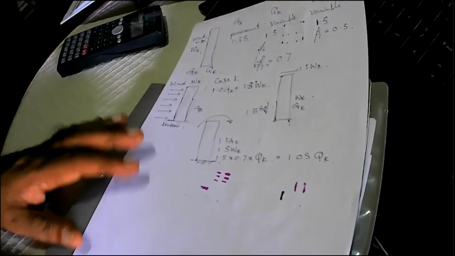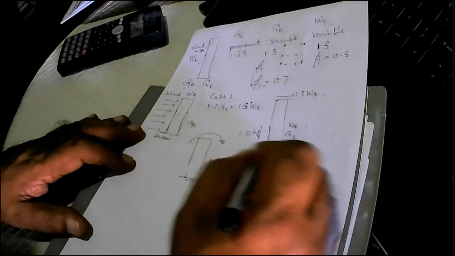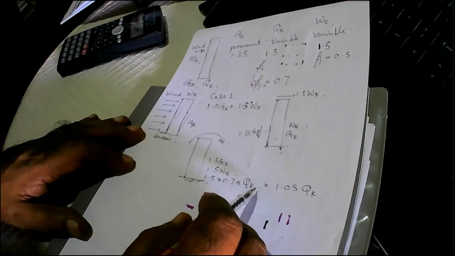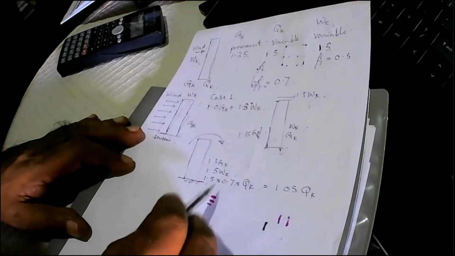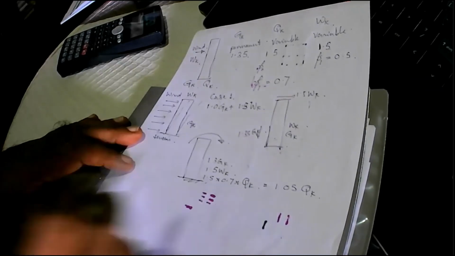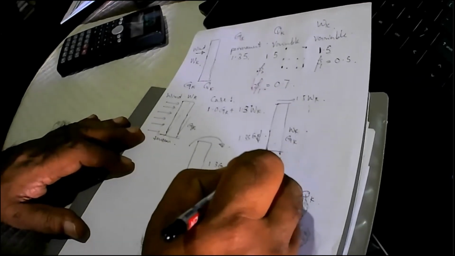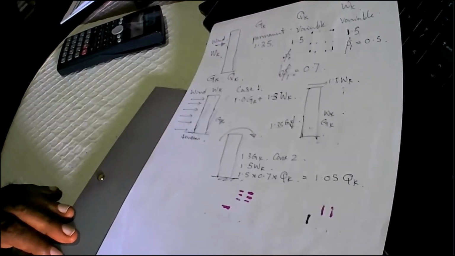So there's a possibility of all these acting. And when you compare these two, now you can clearly see this particular case will be more critical because 1.35 and 1.5 are already there. But here you get none of the additional loads. So I'll consider that this is case 2. So I can have a load case 2.